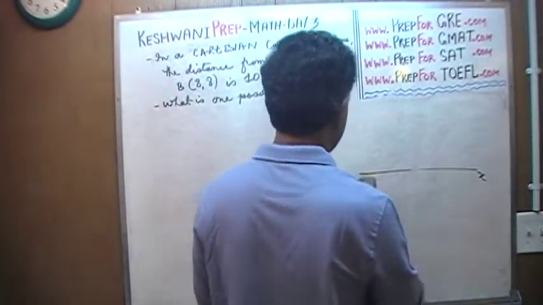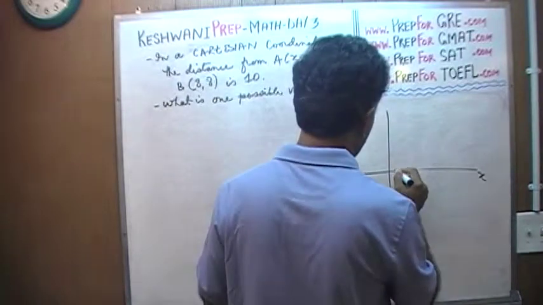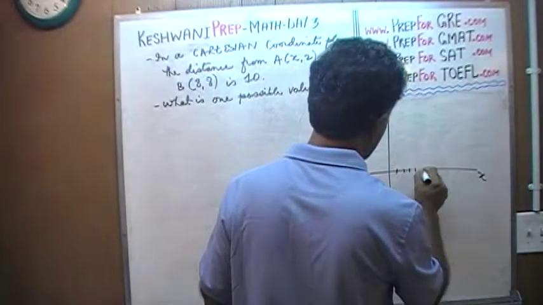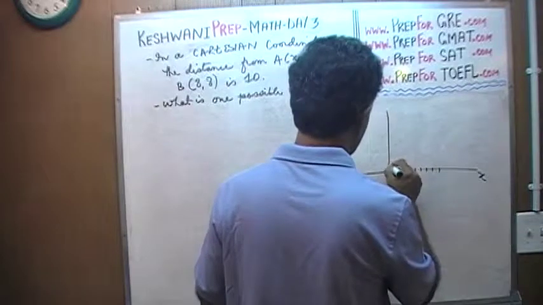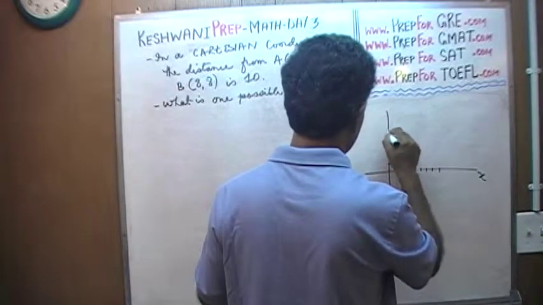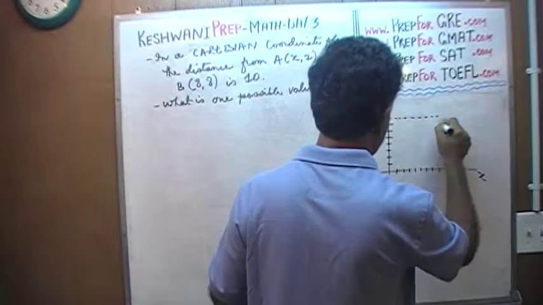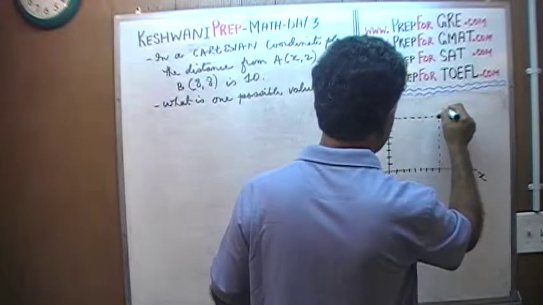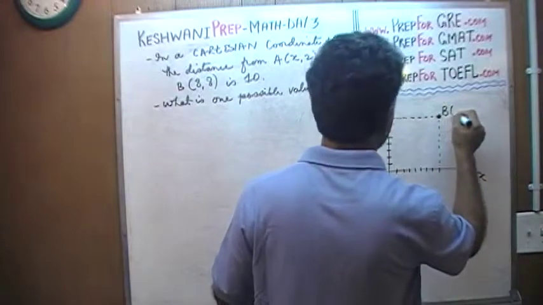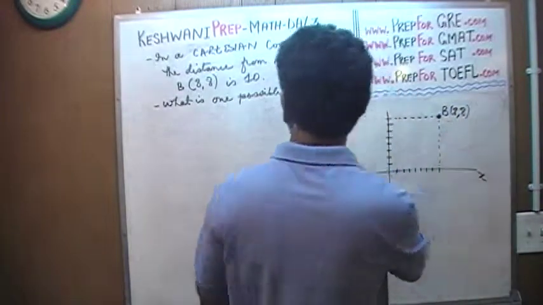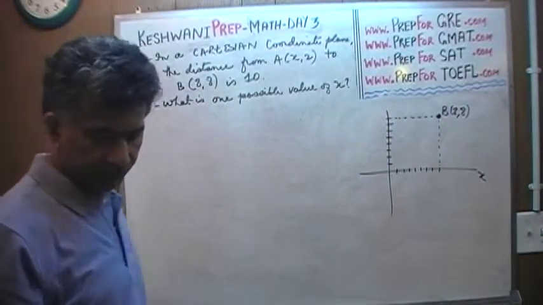I shouldn't have done that right here. Let's do it here. 1, 2, 3, 4, 5, 6, 7, 8. 1, 2, 3, 4, 5, 6, 7, 8. This 8, 8 is our point B.